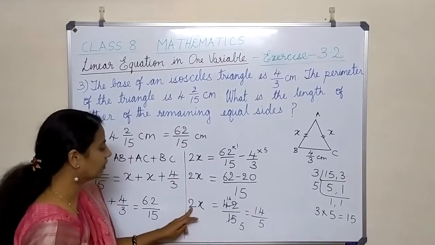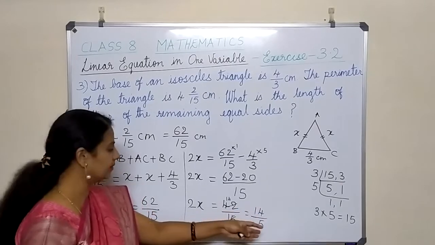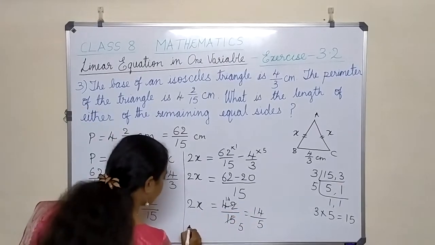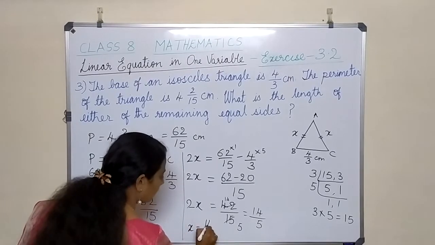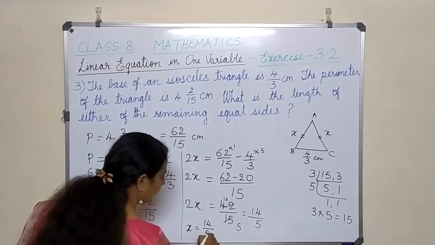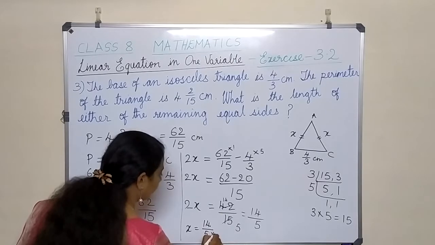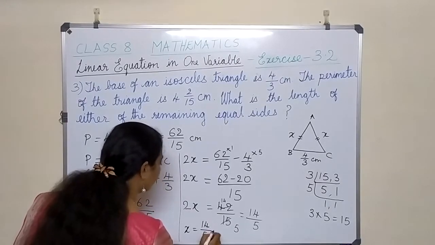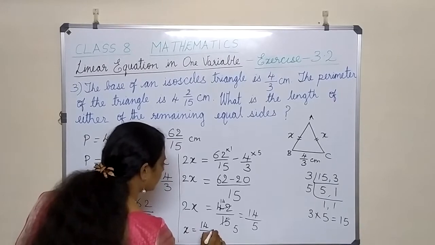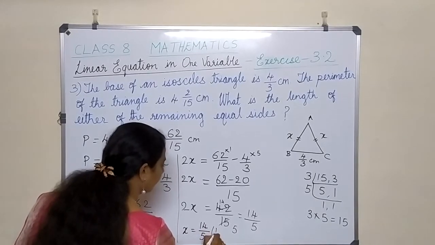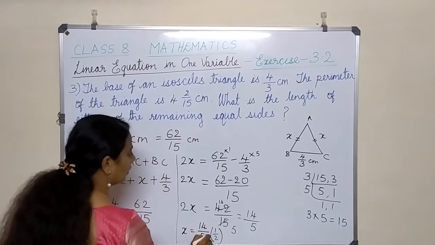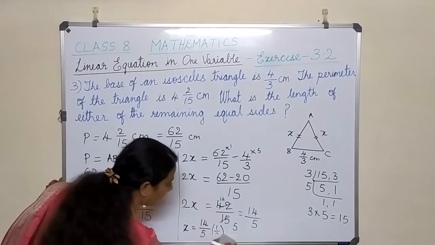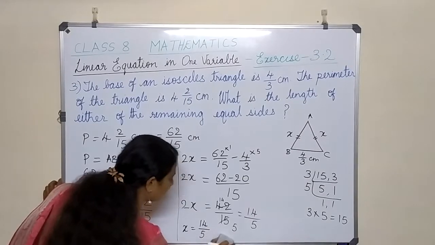If I want to transfer this 2 to the other side, it becomes the divisor. So x is equal to 14 by 5 divided by 2.